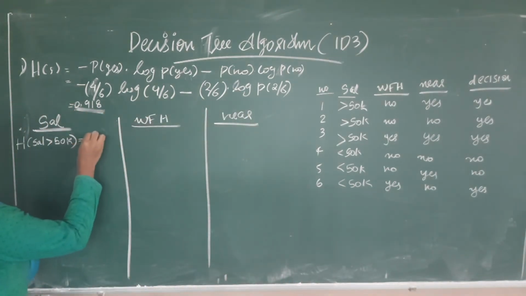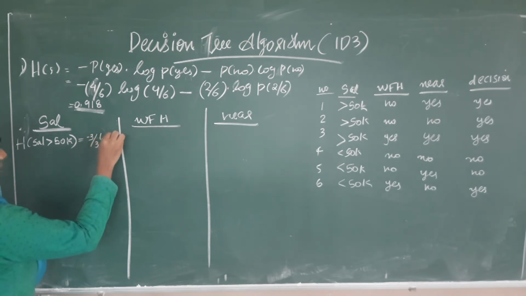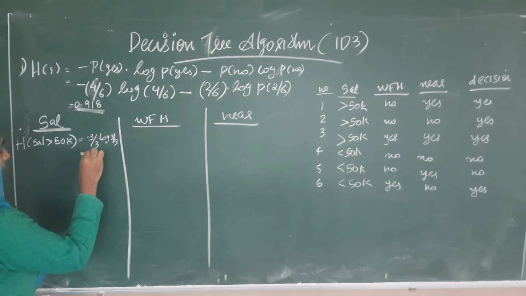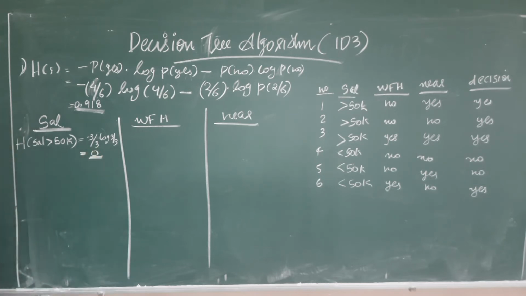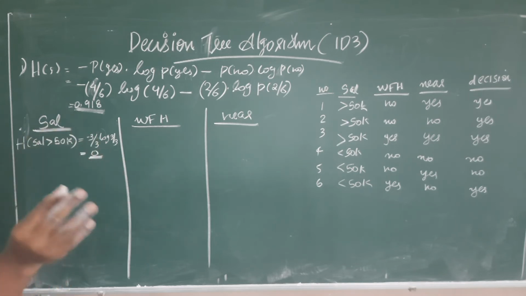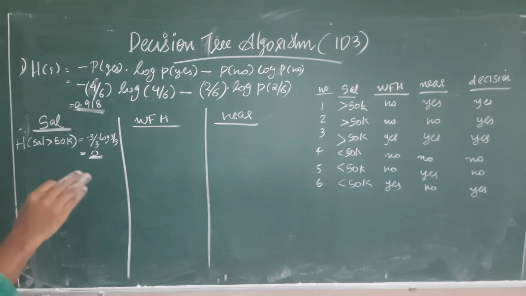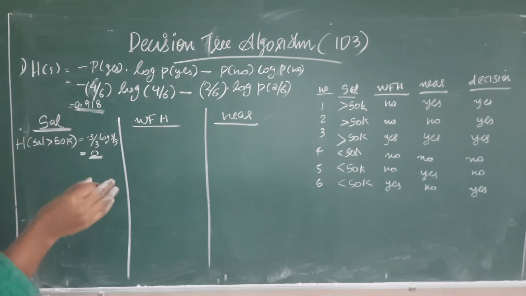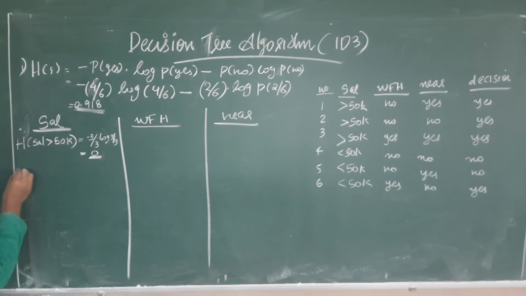So minus 3 by 3 log 3 by 3. You know that the value is definitely going to be 0, and this is said to be a pure class. That is when salary is greater than 50,000. There is no other question, no other decision to take, no other rules to check. The decision will definitely be yes, and that is where we got the value 0 here. This is a pure class.